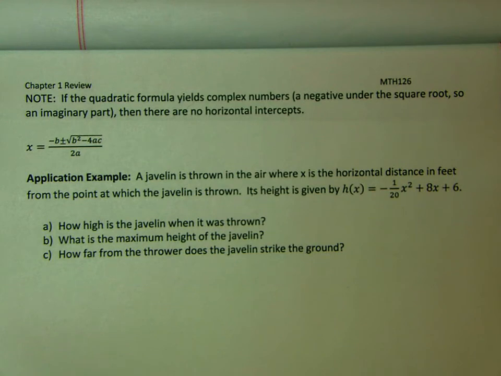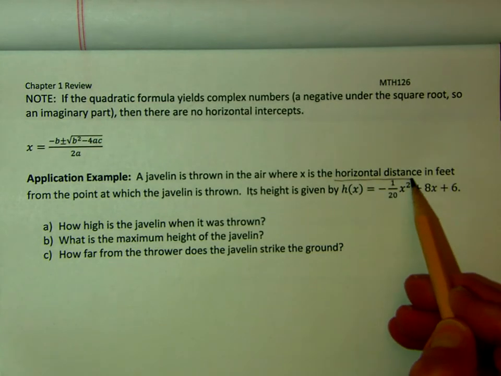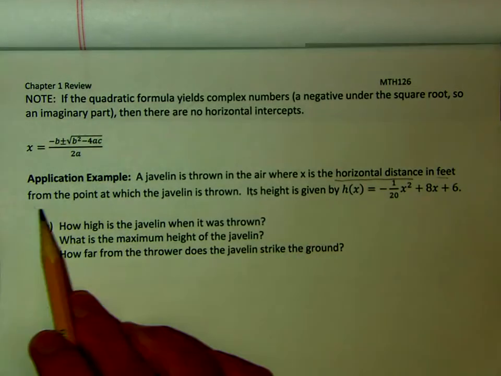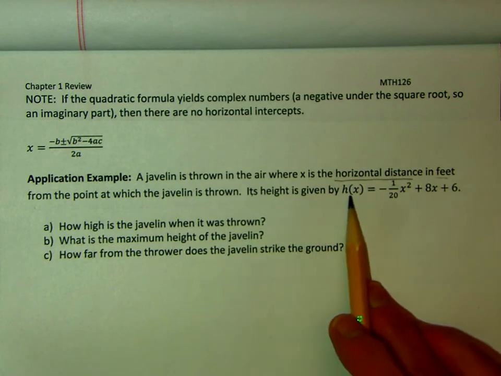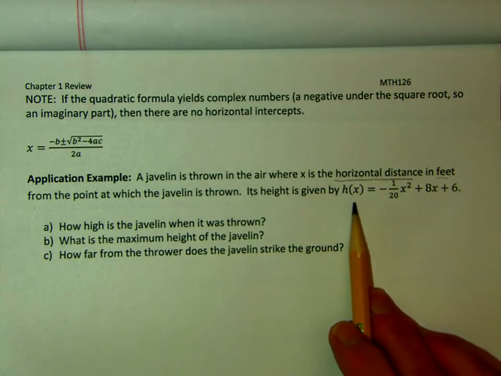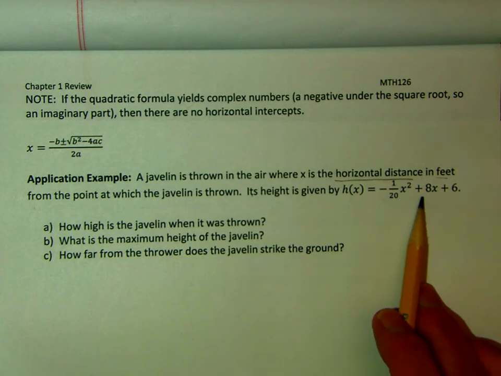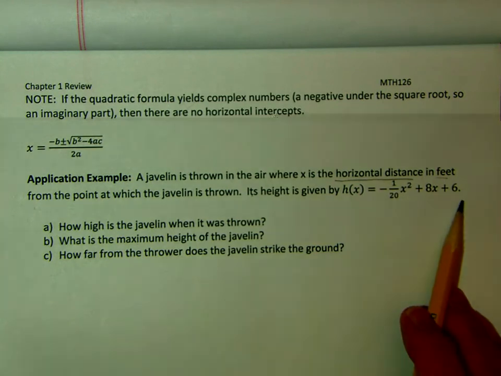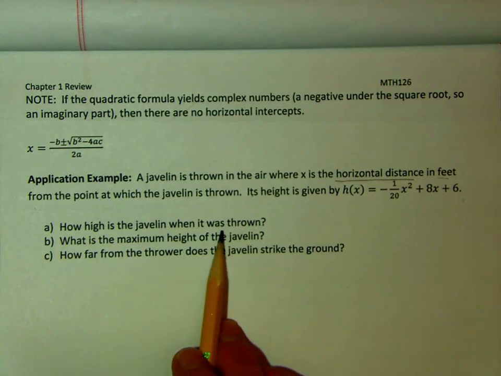A javelin is thrown in the air where x is the horizontal distance in feet from the point at which the javelin is thrown. Its height is given by the quadratic function h of x equals negative 1/20 x squared plus 8x plus 6. How high is the javelin when it is thrown?